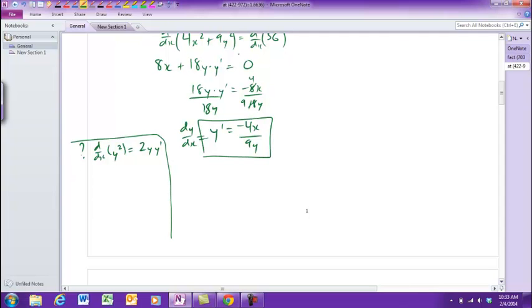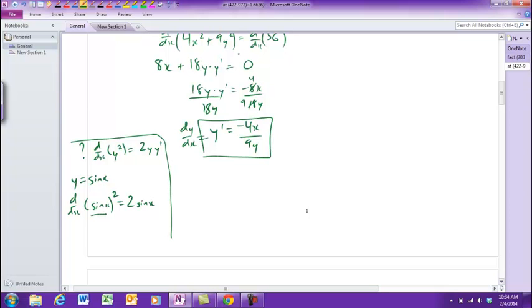Consider this. y is a function of x. So for example, suppose y was equal to sine x. Then we'd be taking the derivative of sine of x quantity squared. y squared would be sine x squared. And when we take that derivative, the 2 comes down, and then we have sine x to the 1 power.